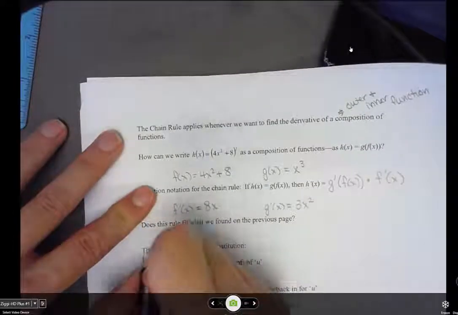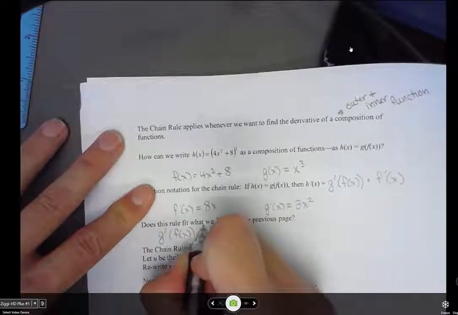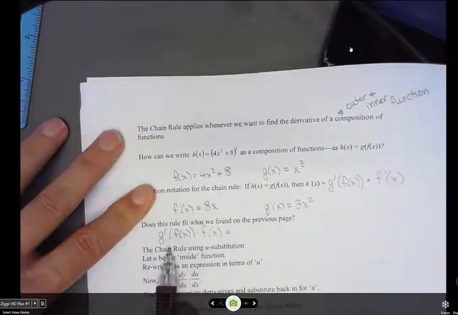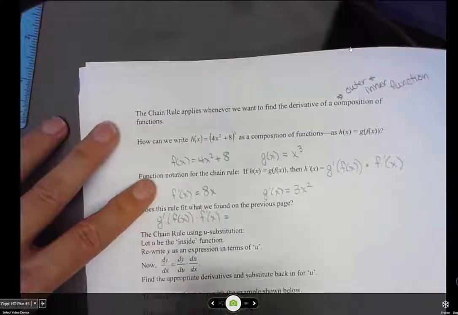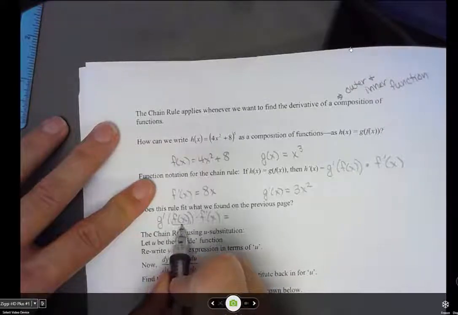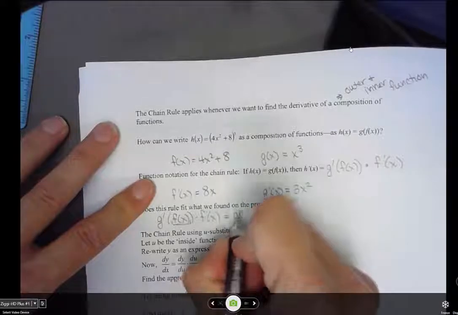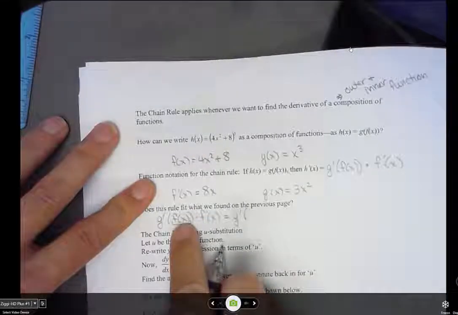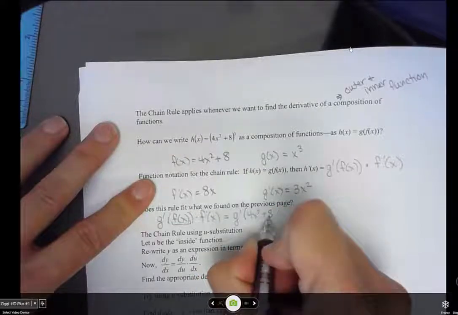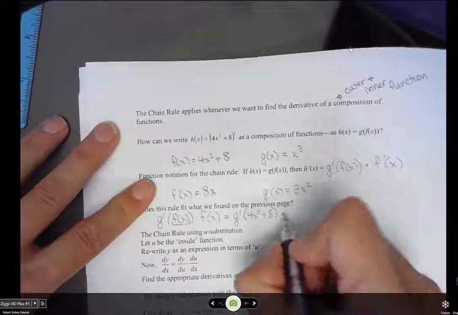What is g prime of f of x times f prime of x? Well, with composition of functions, you have to work from the inside out. So I am going to replace f of x with its formula. So g prime, and in place of f of x, I'm putting 4x squared plus 8. So I'll do that, and then times f prime is 8x.